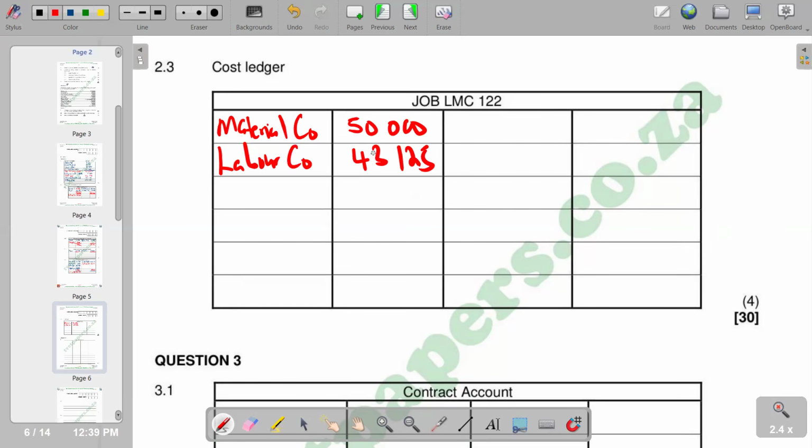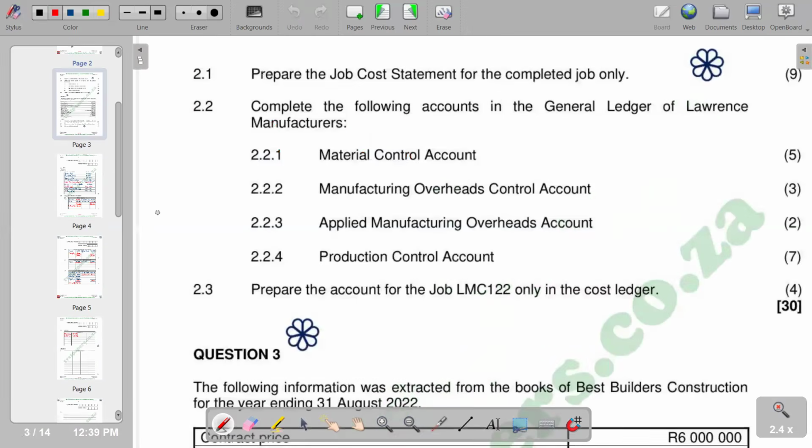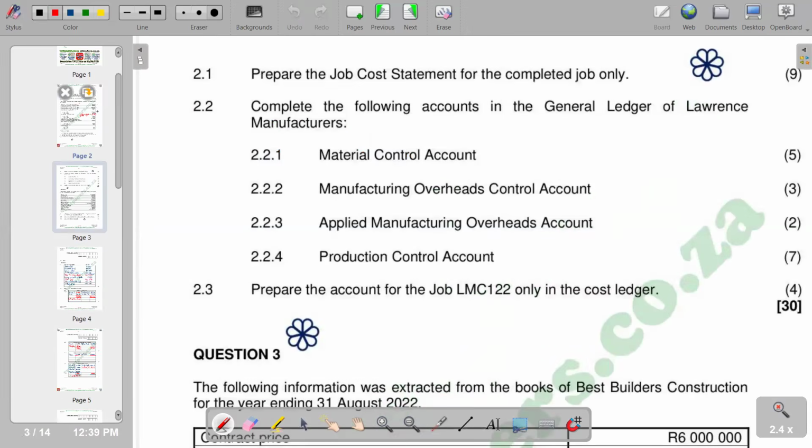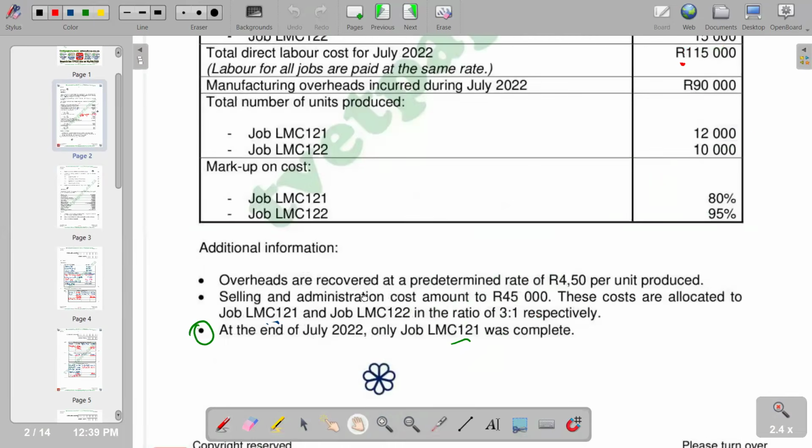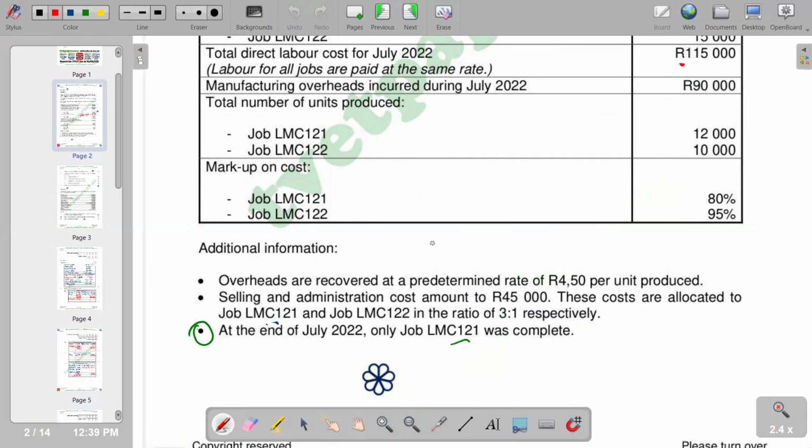And of course, the next entry that we are going to check is on applied overheads. So we go down and see that the question says that overheads are applied at a predetermined rate of 450 per unit produced. So for our applied overheads, we're going to say 450 times the number of units in job LMC 122, which is 10,000. We multiply by 10,000, which we are going to get as 45,000.